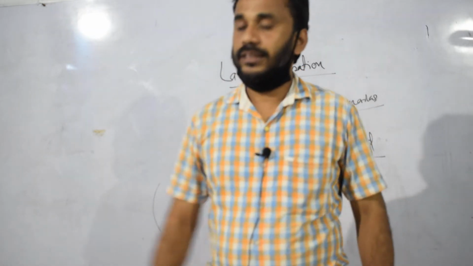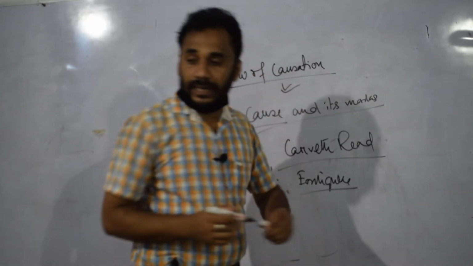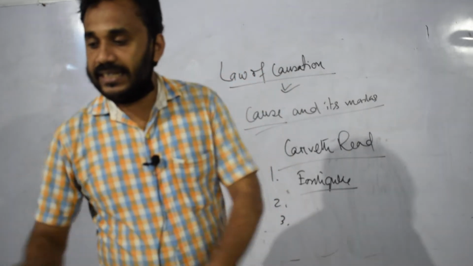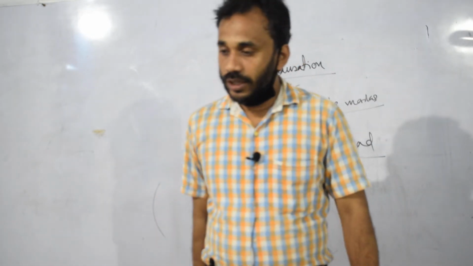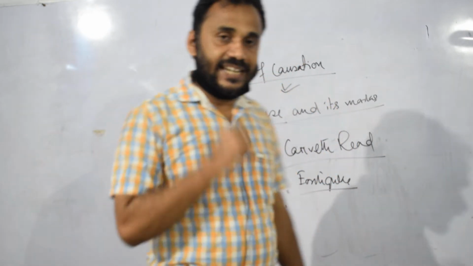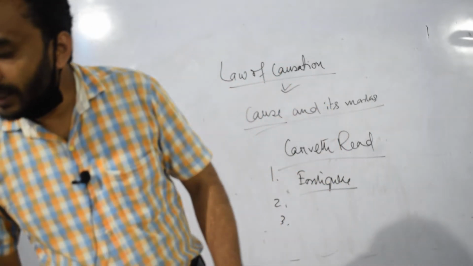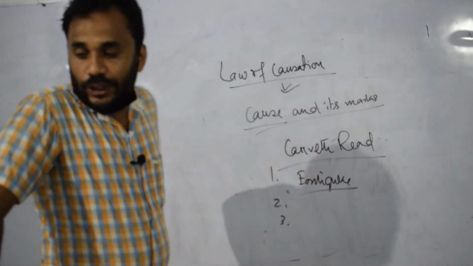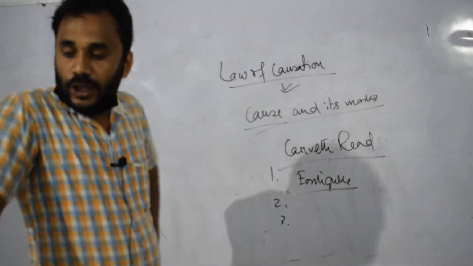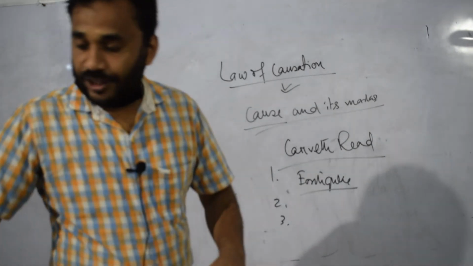Next, third, cause is antecedent to the effect. So here cause is always antecedent to the effect. Cause and effect are successively related.